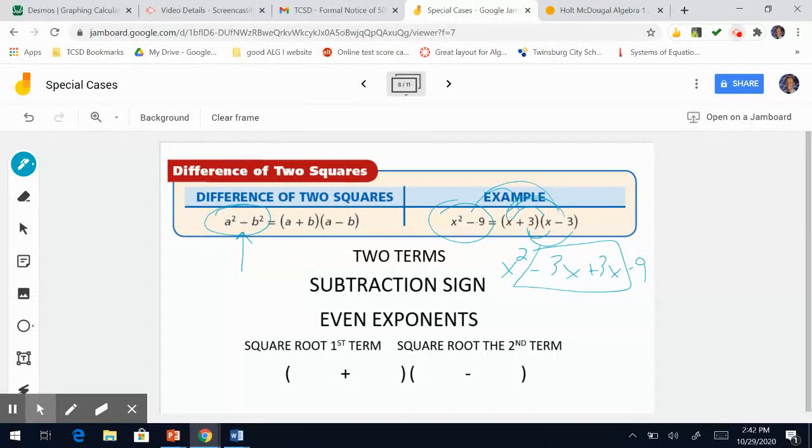Negative 3x plus 3x gets you 0 x's, or just 2 terms left, your quadratic term and your constant term. So this combination is what's going to happen with a plus minus in your answer. All right?